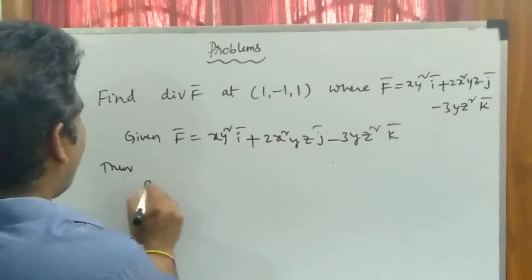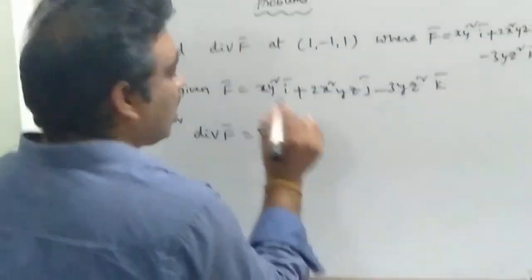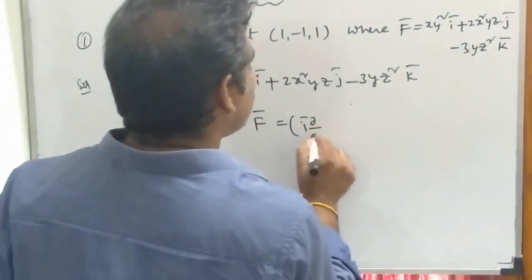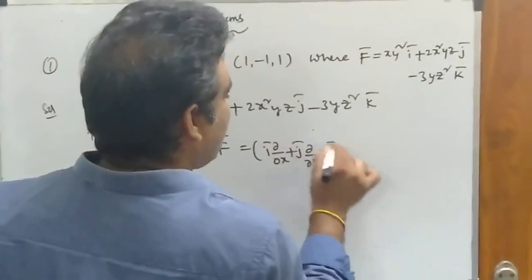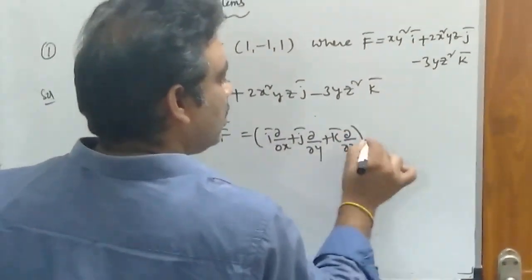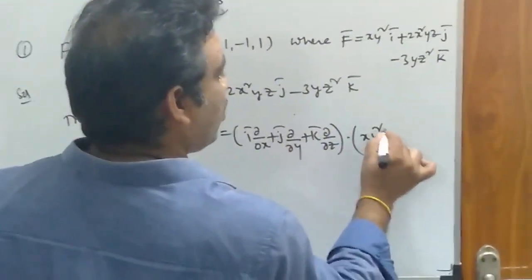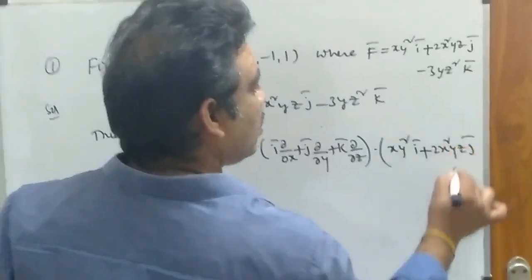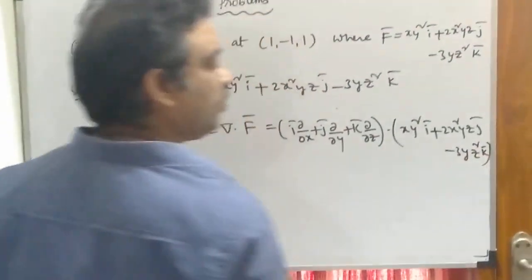Then div f bar. Div f bar means del dot f bar. So del is i bar dou by dou x plus j bar dou by dou y plus k bar dou by dou z. The dot product with the function xy square i bar plus 2x square yz j bar minus 3yz square into k bar.